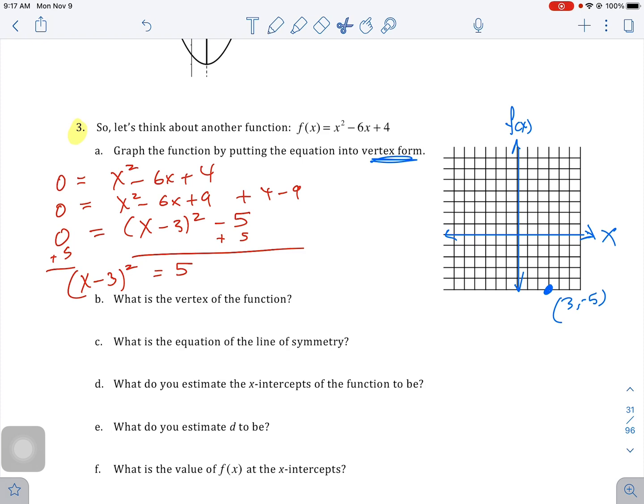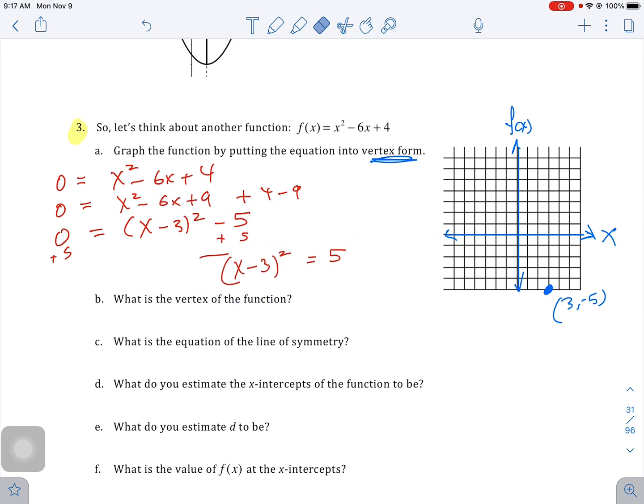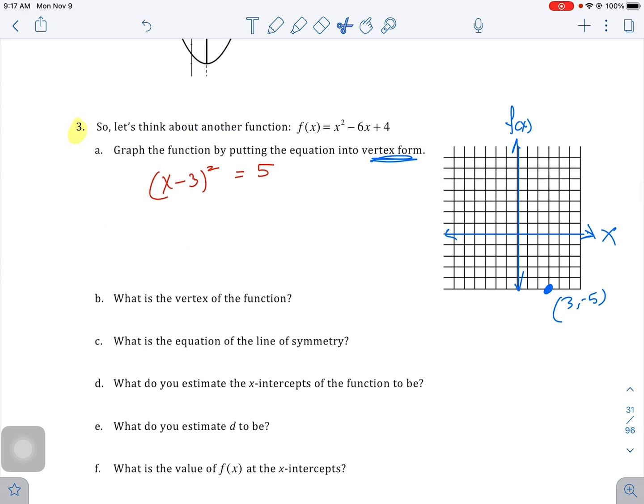Let me just get rid of some of this here so we have a little bit more room. Okay, so here's what we've got now. x minus 3 quantity squared equals 5. If we take the square root of both sides, we can say that x minus 3 is the square root of 5.